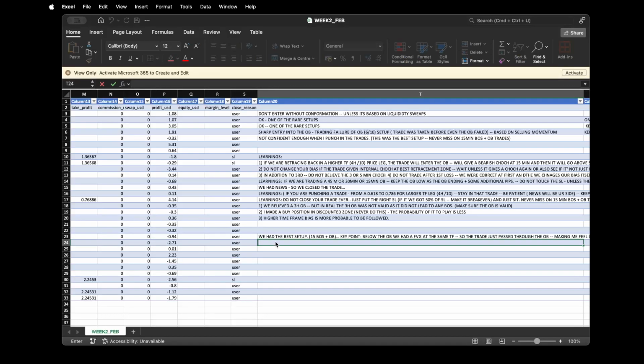So the second learning is taking trades against the trend.